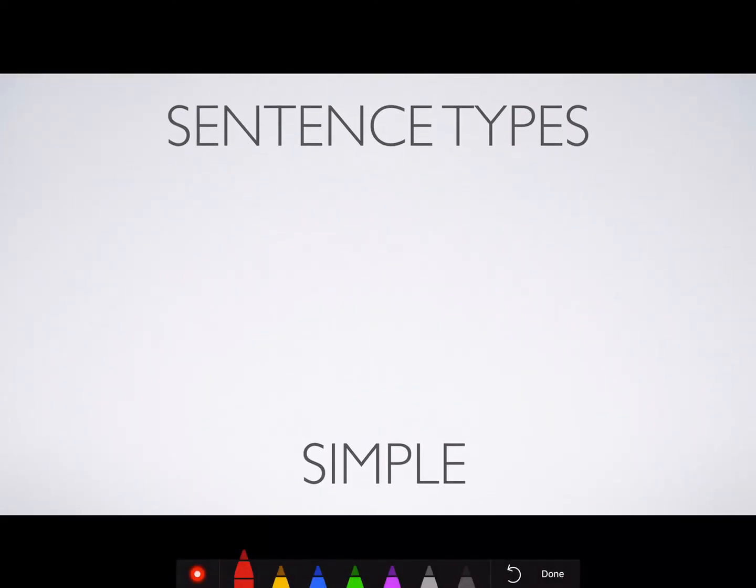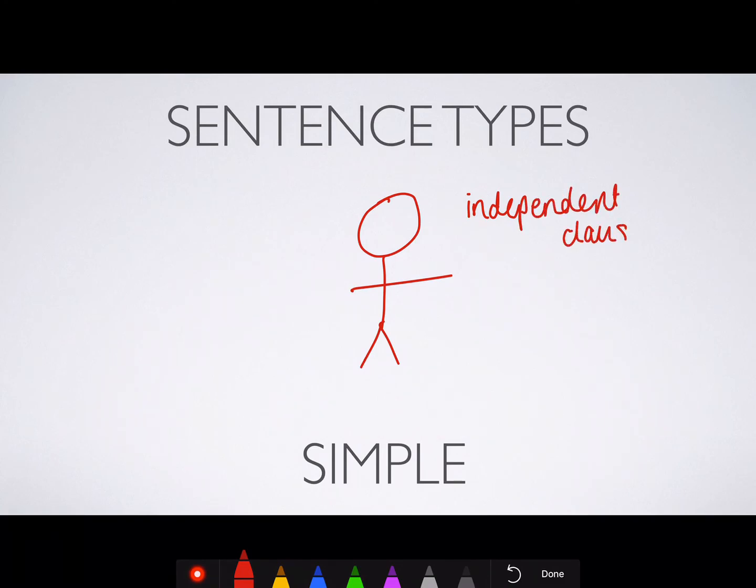The first one we have is a simple sentence, and you can think about this one as a stick man. He has to make sense by himself, so this is an adult stick man. He is independent, and another way to describe a simple sentence is an independent clause. He has a subject, and he has a main verb.